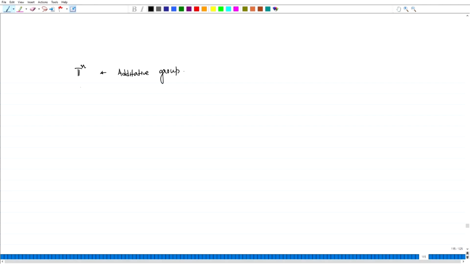It can also be identified with elements (e^{2 pi i x_1}, ..., e^{2 pi i x_n}) in C^n such that x_1 to x_n belongs to the cube.